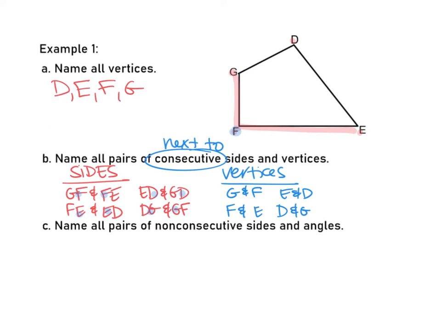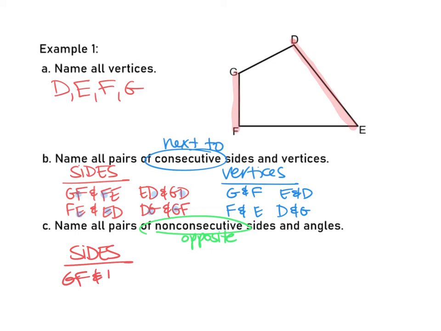Okay, if we're looking at non-consecutive, remember, non-consecutive really just means opposite. So if I'm looking at opposite sides, I don't have as many pairs here, right? Let me clear this out for a second. Okay, I could have GF and DE. That's an opposite side. They're not touching at all. And again, if you notice, they don't have any points in common.